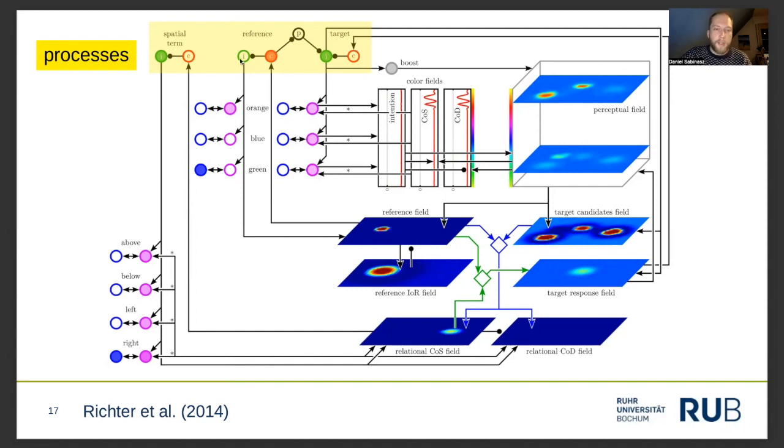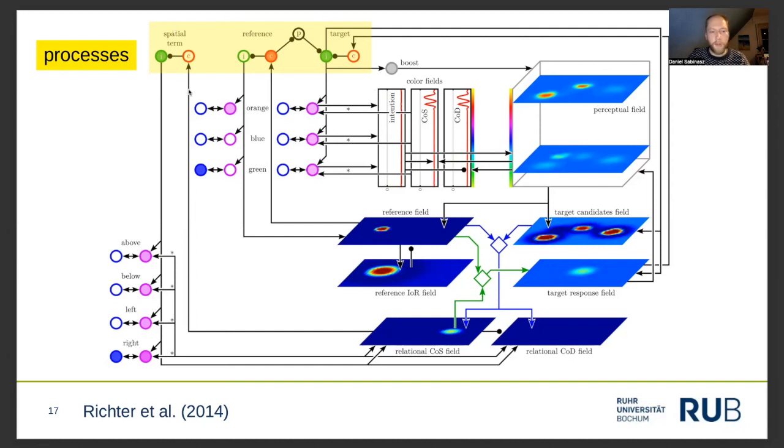The reference process becomes active when we want to find the reference object of the phrase that we have encoded in short-term memory. The target process becomes active when we want to find the target object of that encoded phrase.